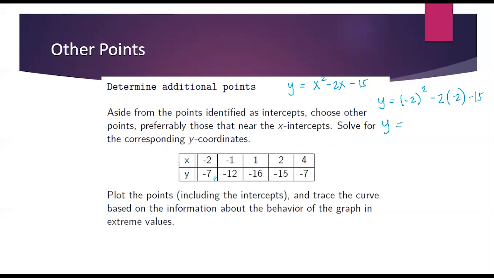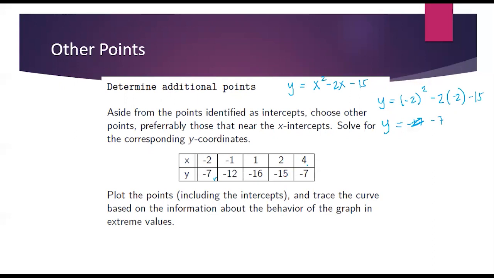If you let x be equal to negative 1, please check that you will get negative 12. If x is equal to 1, then I have negative 16. If x is equal to 2, then you have negative 15.